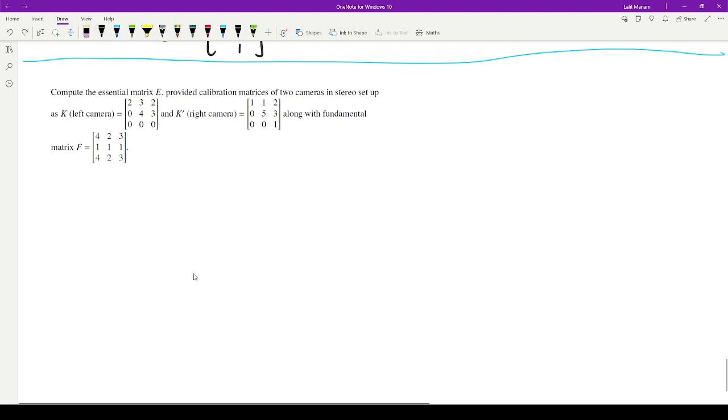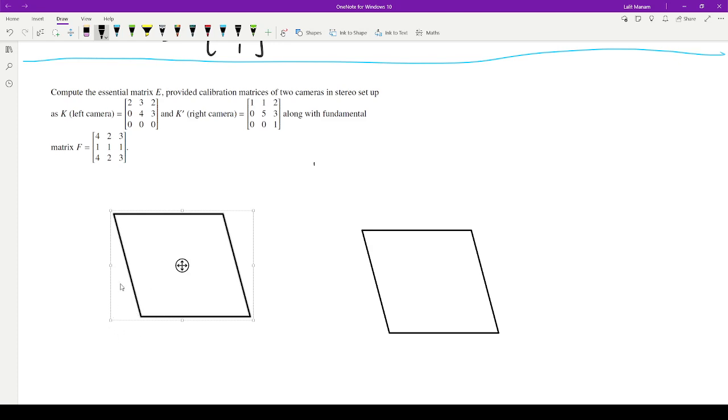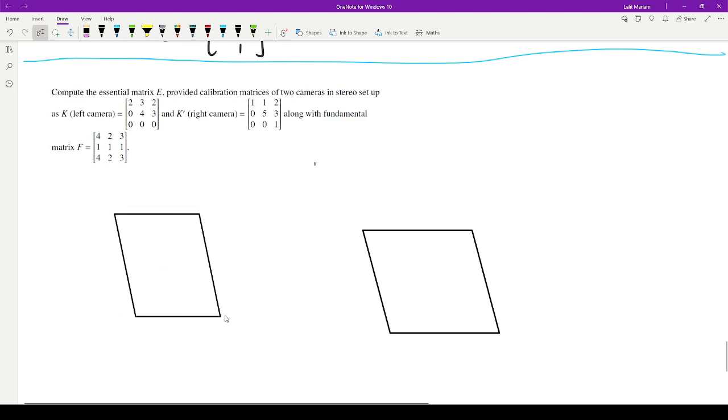Try to use the shapes. Okay, let this be the case. I'll explain this.